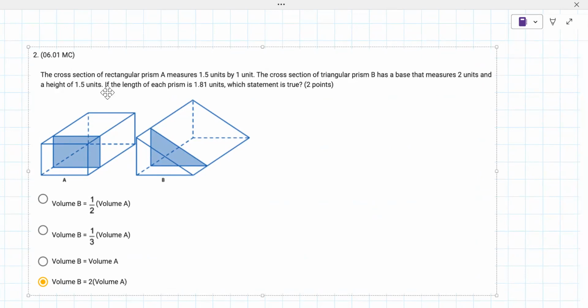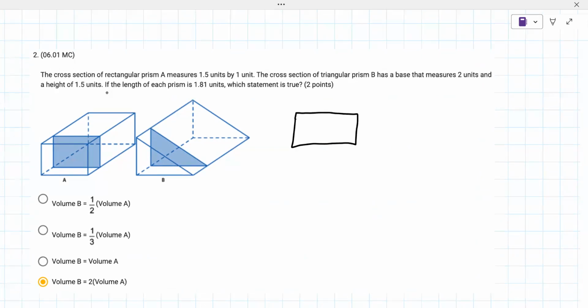Okay. So I guess we need to first label these. So the rectangular one is 1.5 by 1, and then the triangular one has a base that measures 2 units and a height of 1.5.